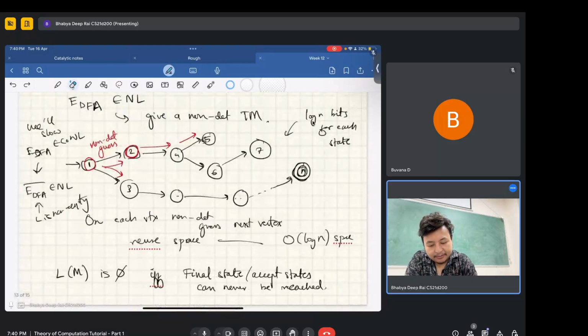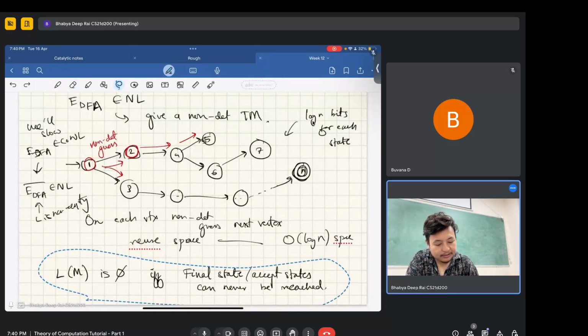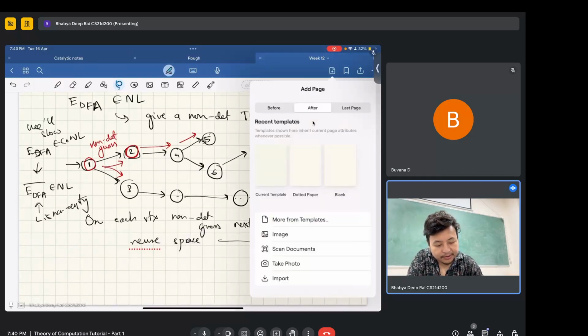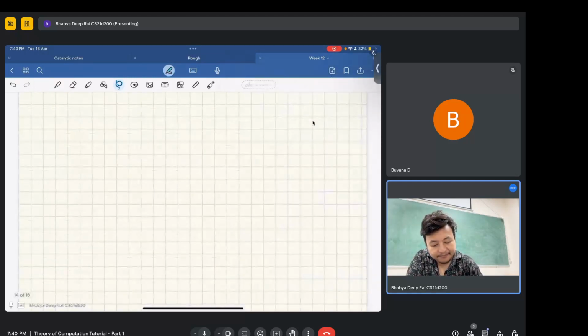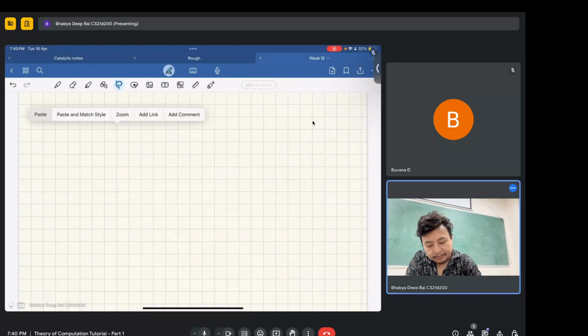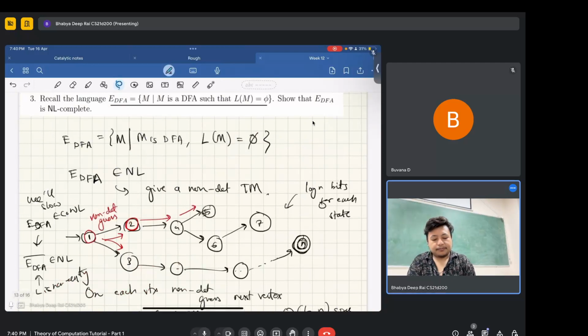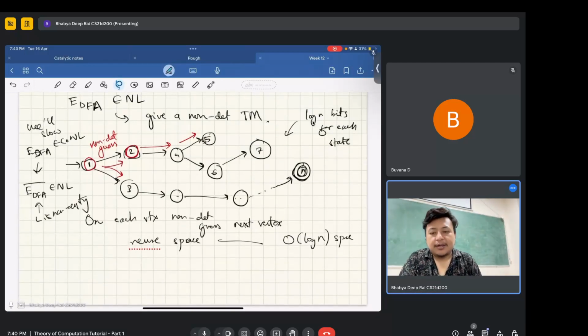Okay, one moment. I'll just push it to the next page. Now, what does this mean?